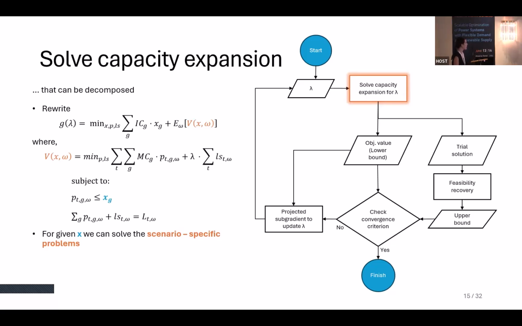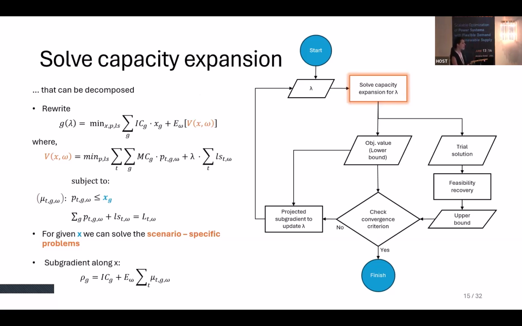We solve v of x comma w, and from the solution we obtain an interesting amount. These mu's are the duals, the shadow prices of the power generation constraints, and they are useful because we can use them to find a subgradient along the x-axis. So this is how we implement the subgradient method to tackle this.